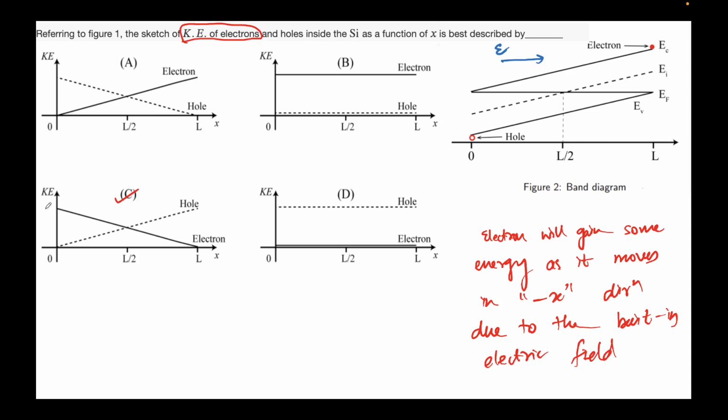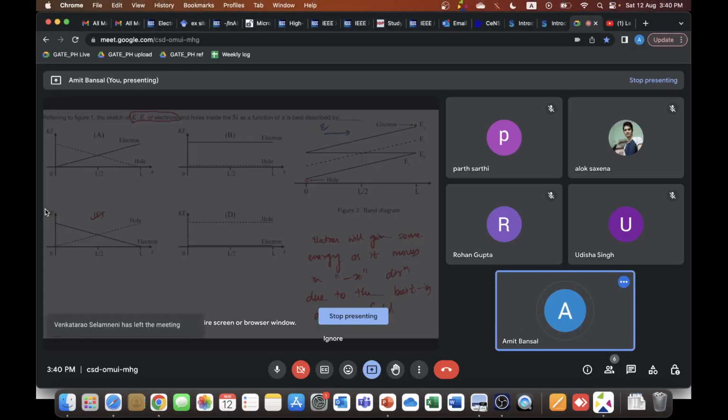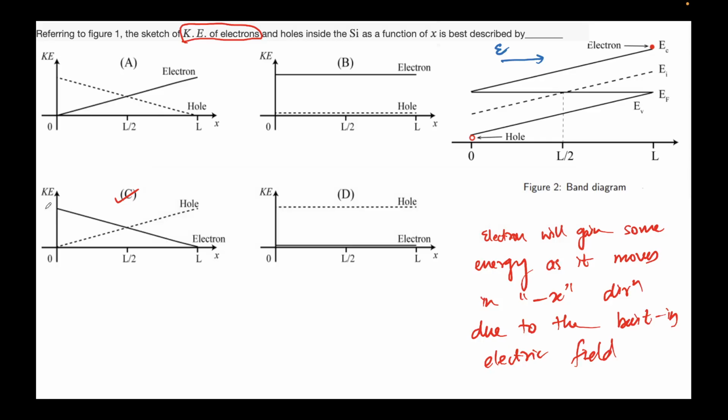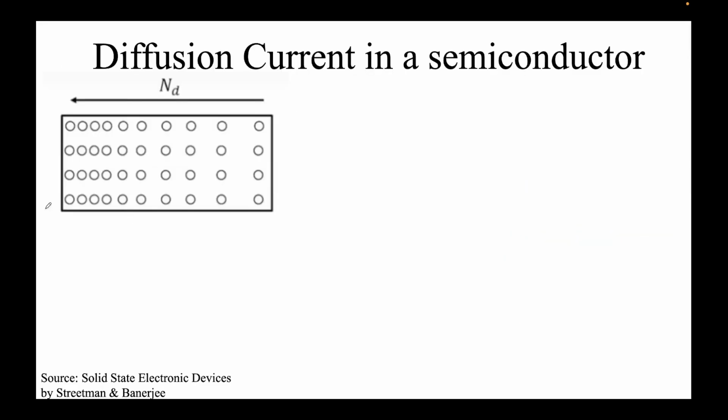If you have any doubts in mobility or these band structures which are not flat, please feel free to ask. All right, if there are no comments, then we'll go ahead.